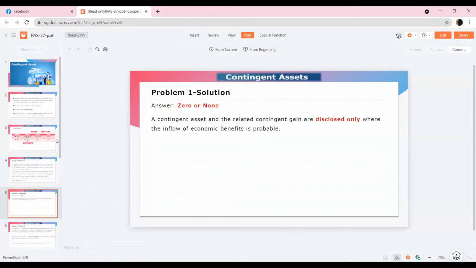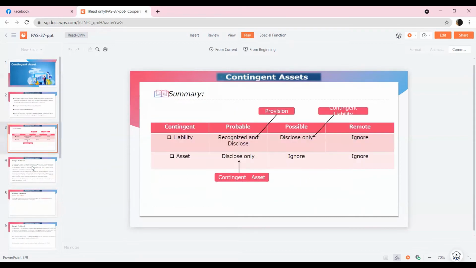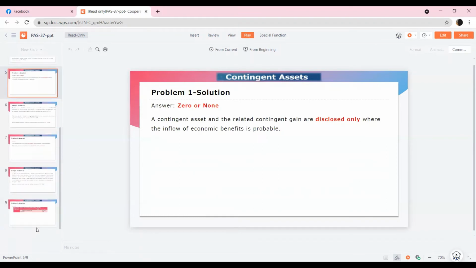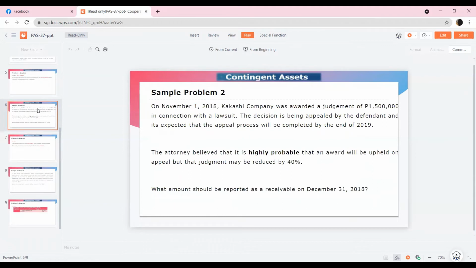Next is the problem. Next, problem number 2. On November 1, 2018, Kakashi Company was awarded a judgment of 1.5 million in connection with a lawsuit.